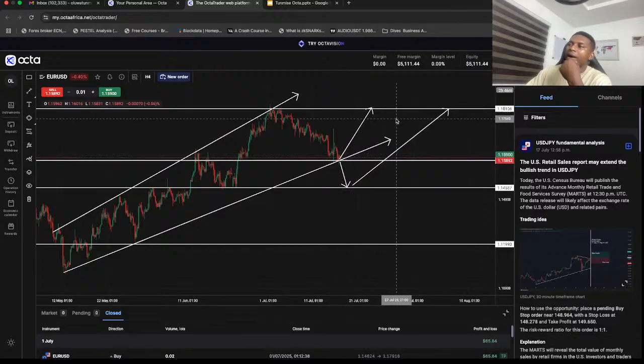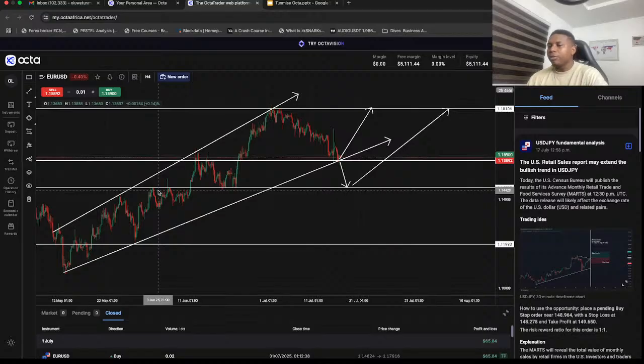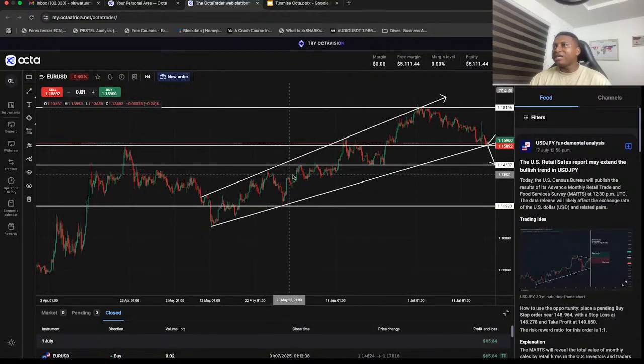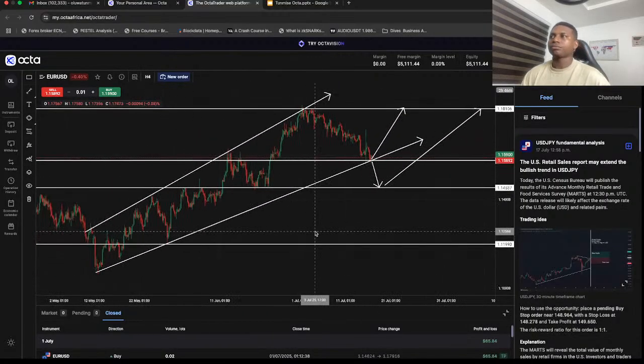However, if price goes further down to this second level below it, the 1.1456, then price can also build up a buy momentum, because this level is a key support zone, a key support zone.